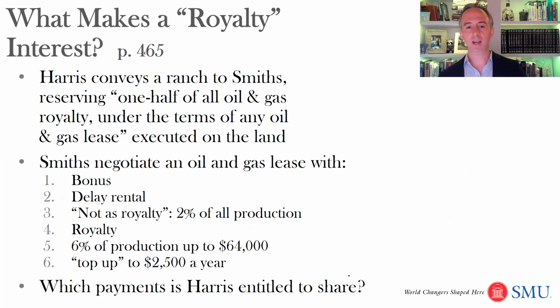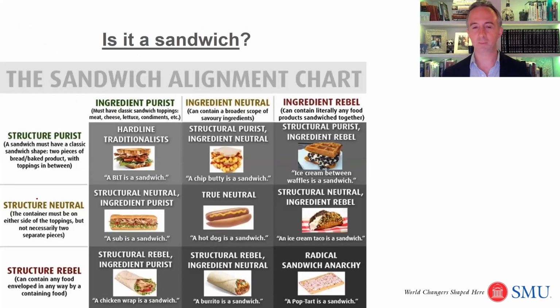to the Harris's interest. So as we tick through these, one is, okay, so we know no bonus, no delay rental. We know royalty, yes, that has to be shared with Harris. Not as royalty, hey, whatever you call it, 2% of all production has got to be shared with Harris. There I'm including my sandwich charts for you. You can say that a Pop-Tart is a sandwich, it's the radical sandwich anarchy.